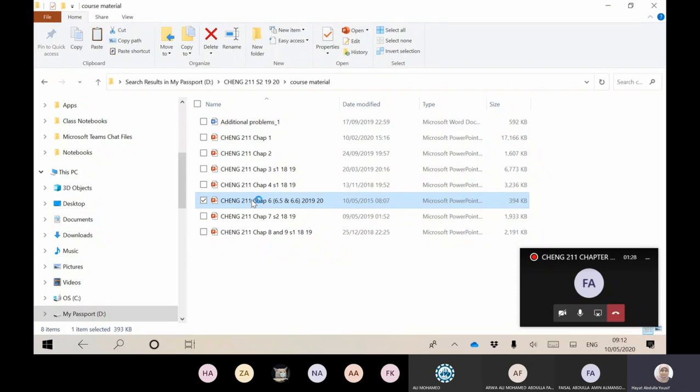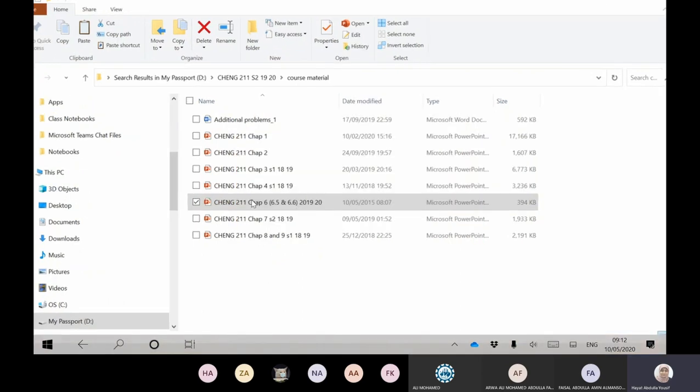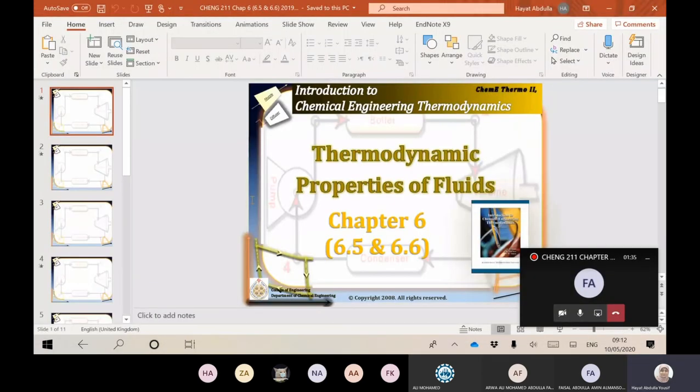So what I will do today, I'm going to start chapter 6. Just 1 second. Okay, now with this chapter, what I need from it consists of several sections, but it's all going to be covered in Chink 212.